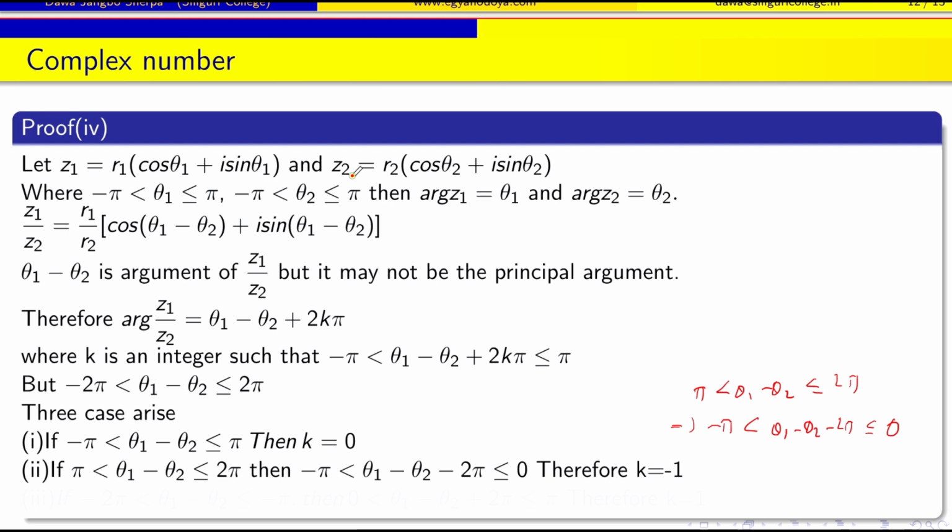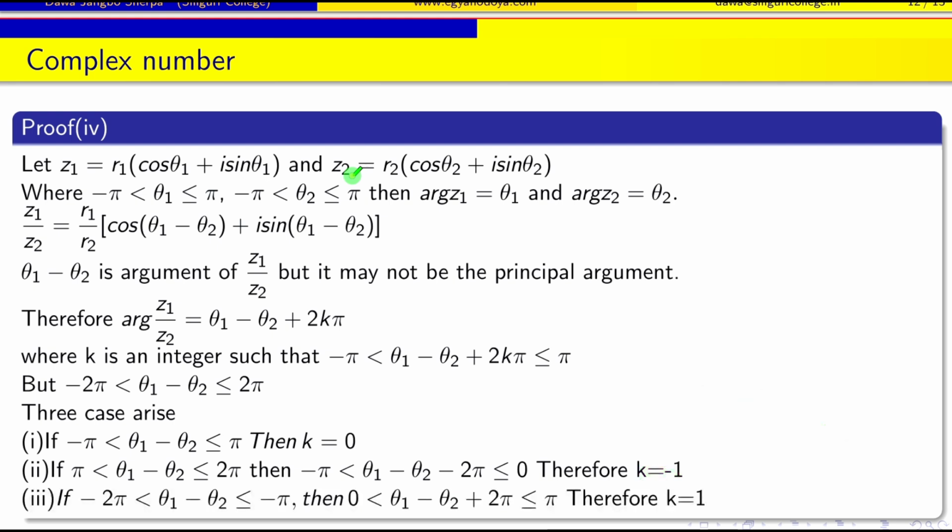So in this case the value of k is minus 1. And the next case is when theta 1 minus theta 2 is between minus 2 pi and minus pi. In this case theta 1 minus theta 2 plus 2 pi lies between minus pi and pi, therefore here k is equal to 1. So here the value of k is 1.